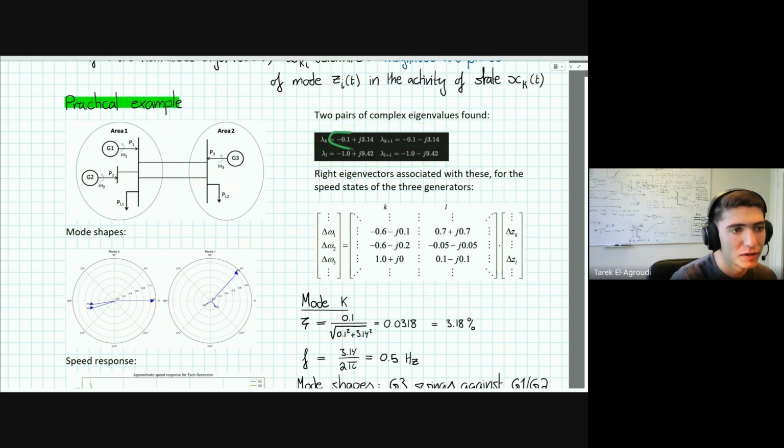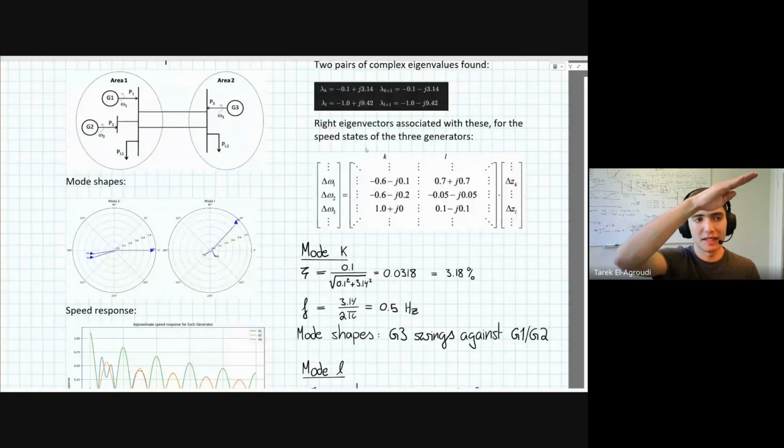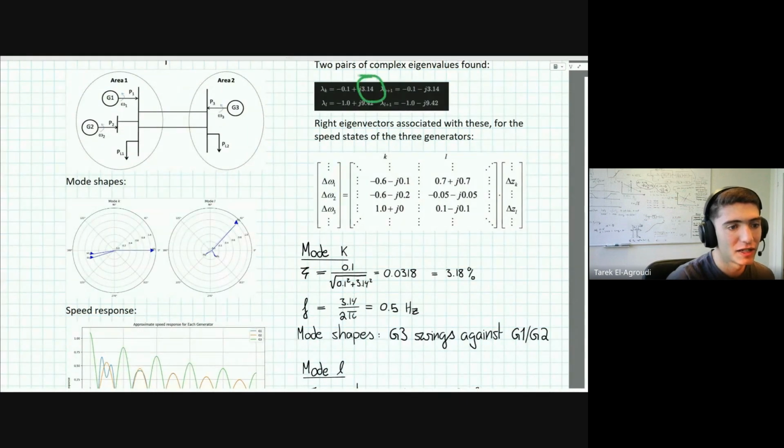You can tell from the real value that this first set is not very damped. It has a damping of just 3%, so these oscillations will remain in the system. And its frequency, by looking at the imaginary value, is around 0.5 hertz.